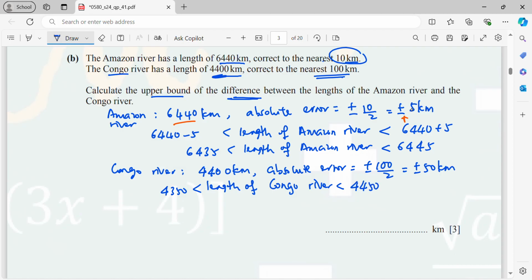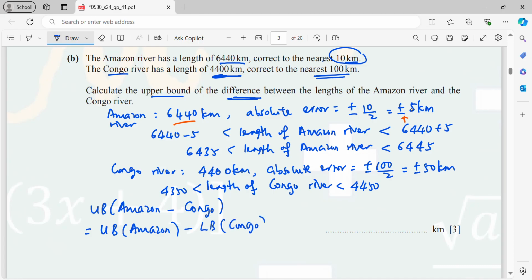Okay, so now my upper bound, Amazon minus Congo. So when it is difference, we are using upper bound of Amazon minus lower bound of Congo. So the upper bound for Amazon is basically 6445.